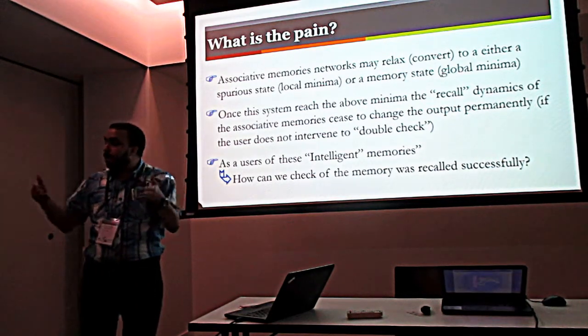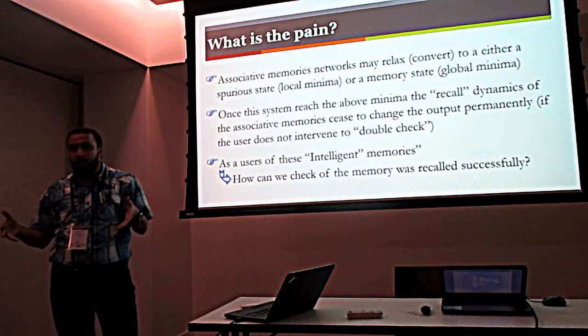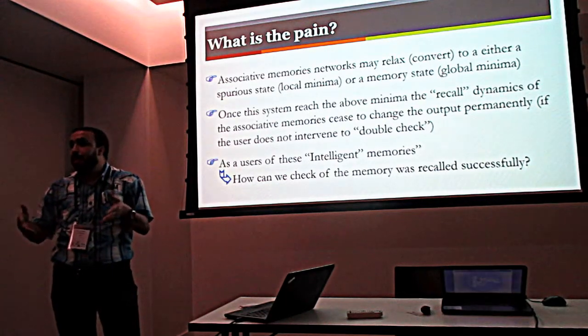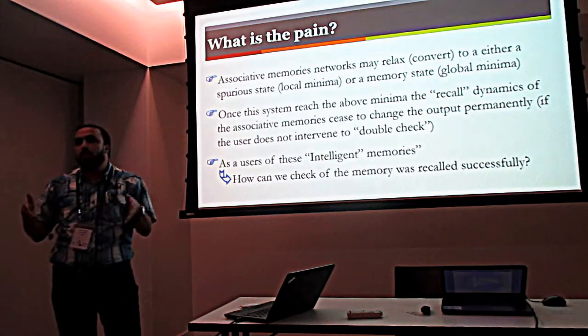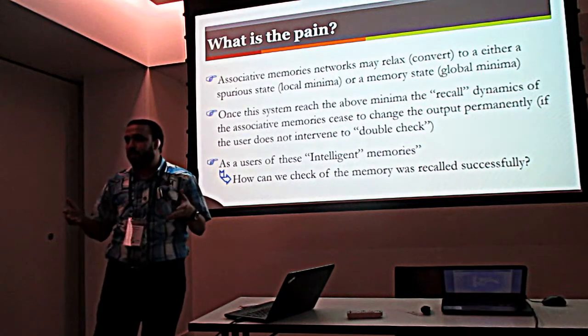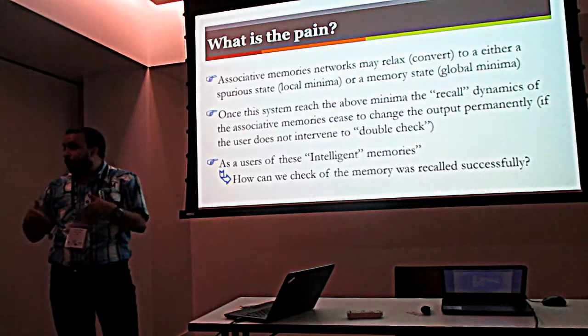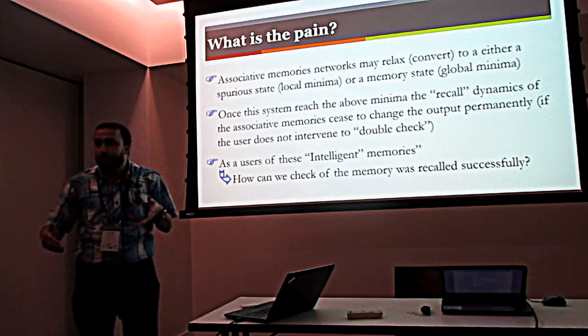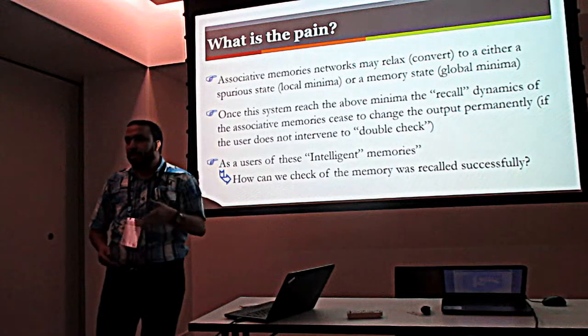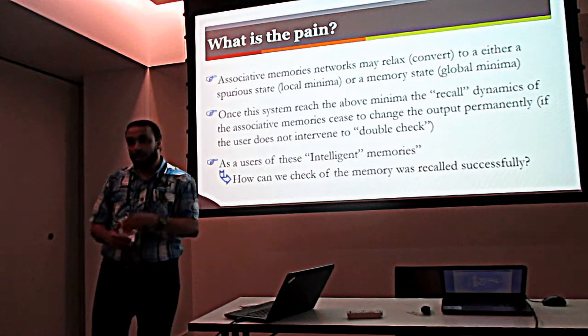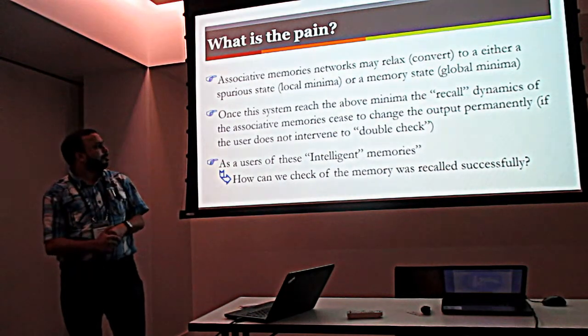So basically it is a local minima of the energy of the neural network, but it's not a memory. So that's what we call a spurious state. A spurious state is a local minima that satisfies that the energy is at the minimum, but it's not the memory itself. So it's not what we are looking for. So that's the pain.